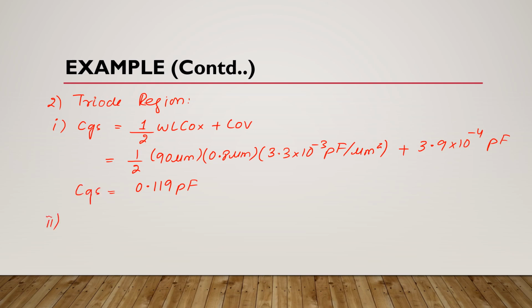We know that in triode region, gate to drain capacitance is equal to gate to source capacitance. It means here gate to drain capacitance is also 0.119 picofarad. Okay.